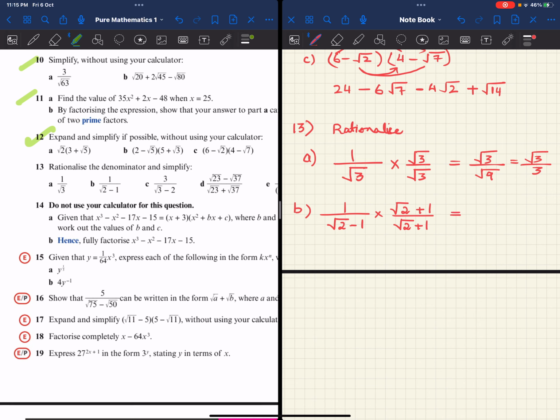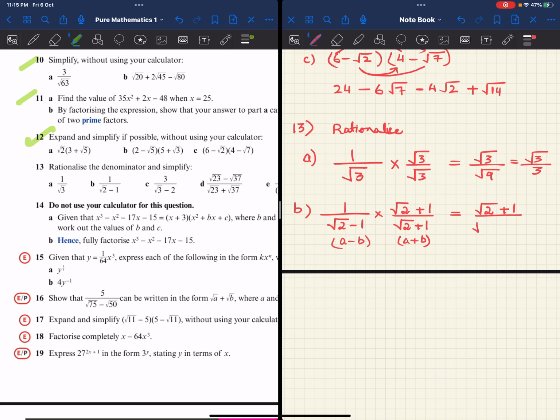Now the numerator will remain as it is because it is 1 times root 2 plus 1. So this is 1 times root 2 plus 1, which is root 2 plus 1. The denominator is in the form of a minus b times a plus b, which in fact becomes a squared minus b squared.